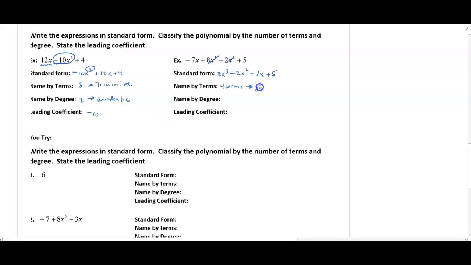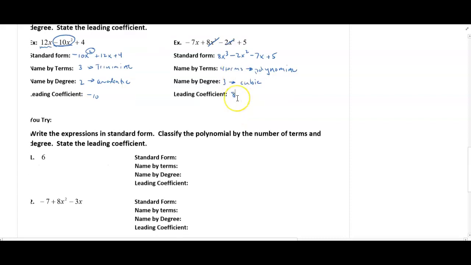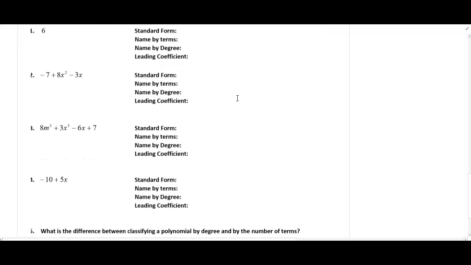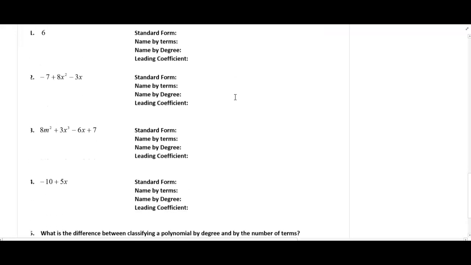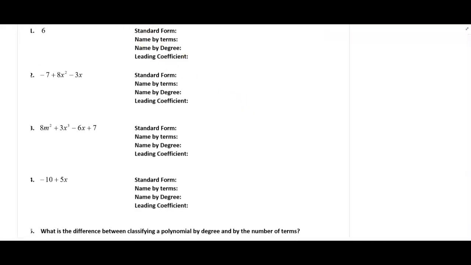So this, we're just going to go ahead and call it a polynomial. The name by degree, that's degree 3, which tells me right away this is cubic. And the leading coefficient of this would be 8. So do me a favor, try the next few examples by yourself and come back and check your answers.